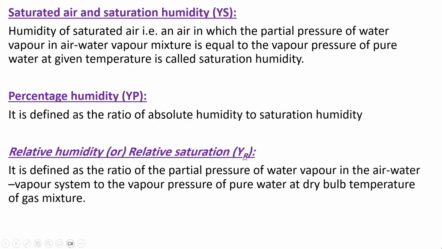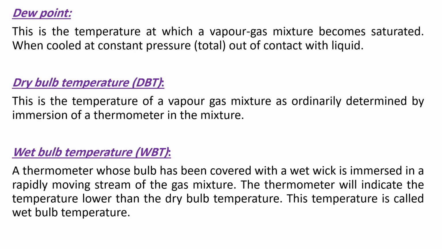That's why it is called dry bulb temperature. And wet bulb temperature is measured using a thermometer covered with a wet cloth. That's why it is called wet bulb temperature. This is the main difference between them. So we talked about dry bulb temperature and wet bulb temperature.